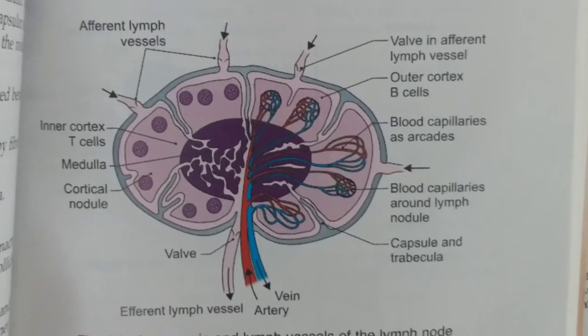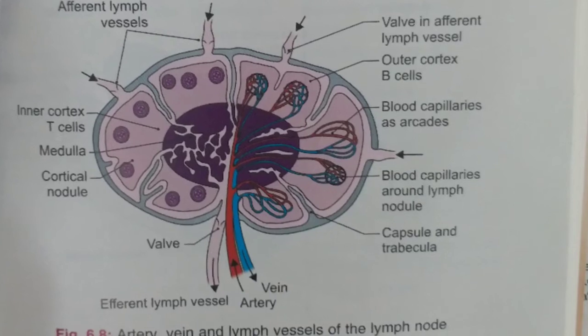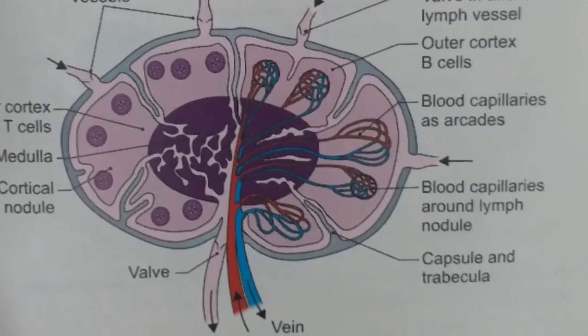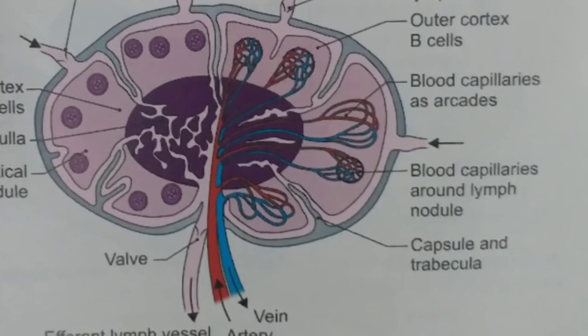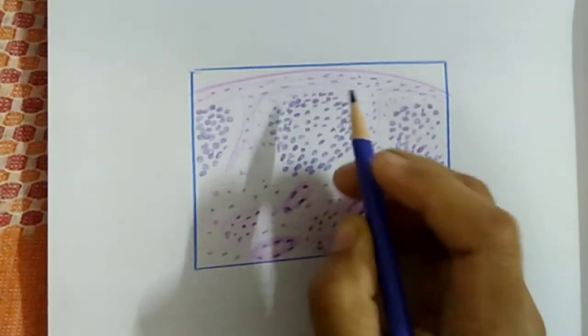Schematic diagram of lymph node. Blood vessels enter through the hilum and divide into capillaries.